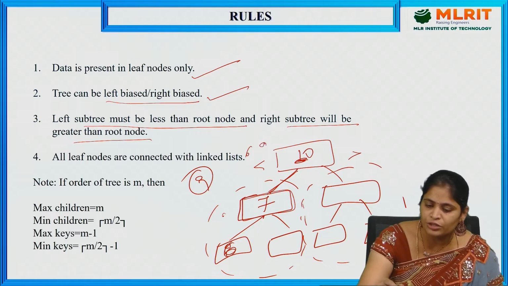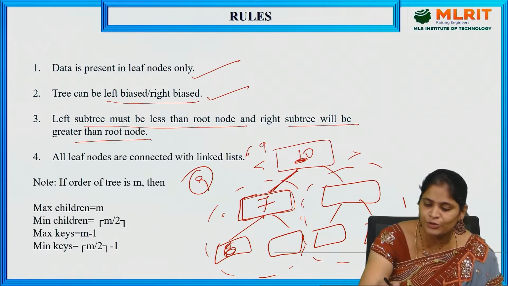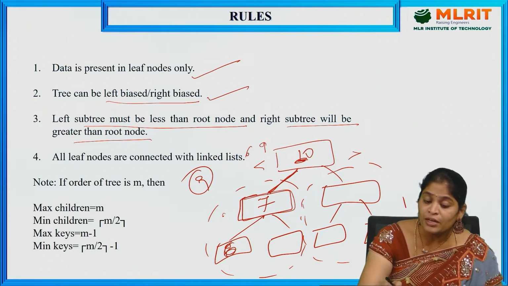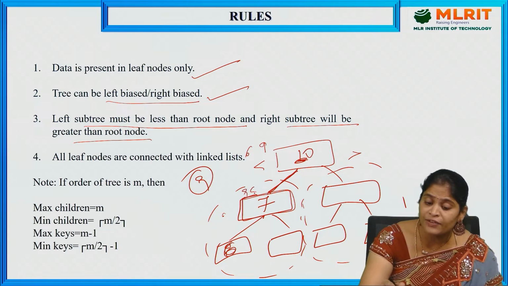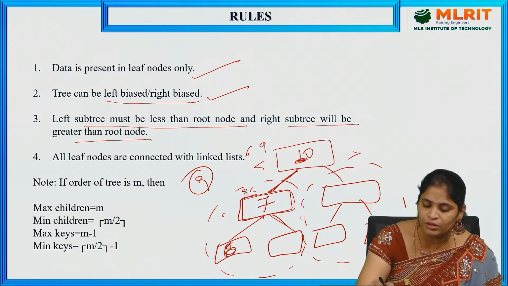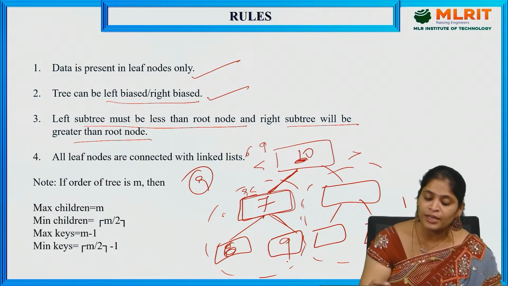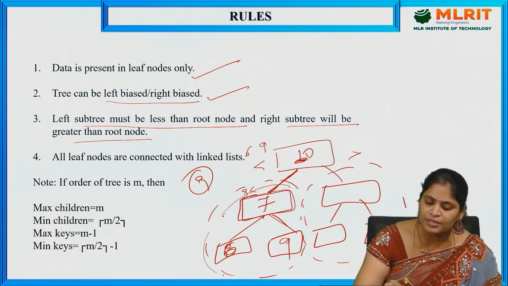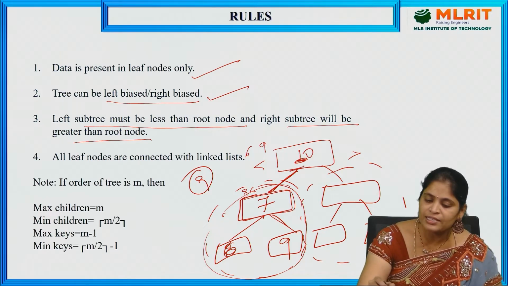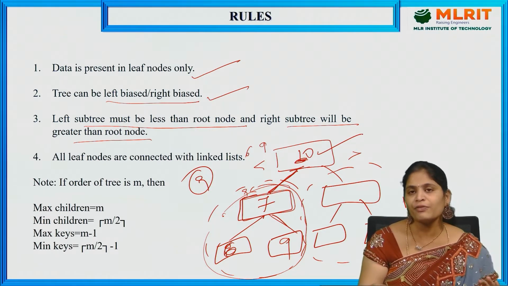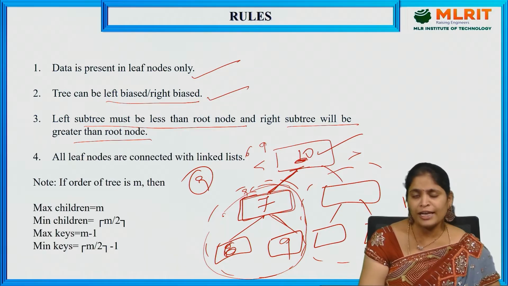First I compare whether 9 is less than 10. Yes, so I use the left pointer. Is 9 less than 7? No, so I go for the right pointer. You observe that all the elements in the left subtree are less than the root node. In this manner we place the elements or records.